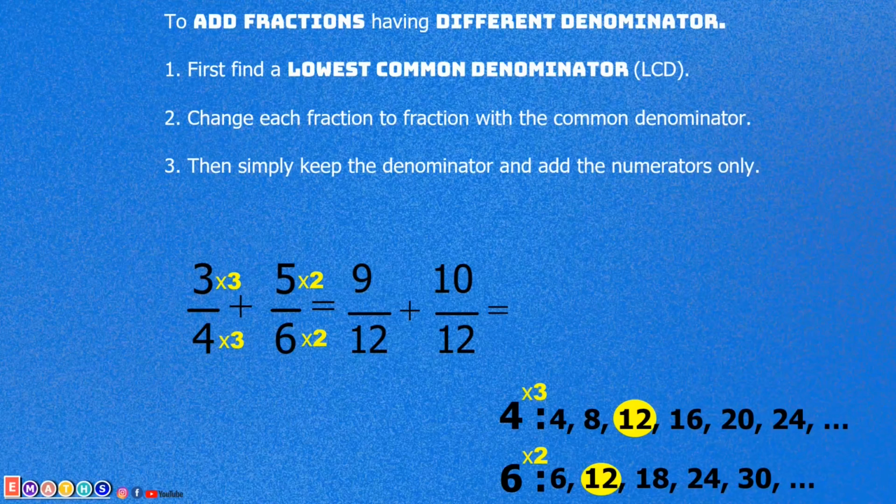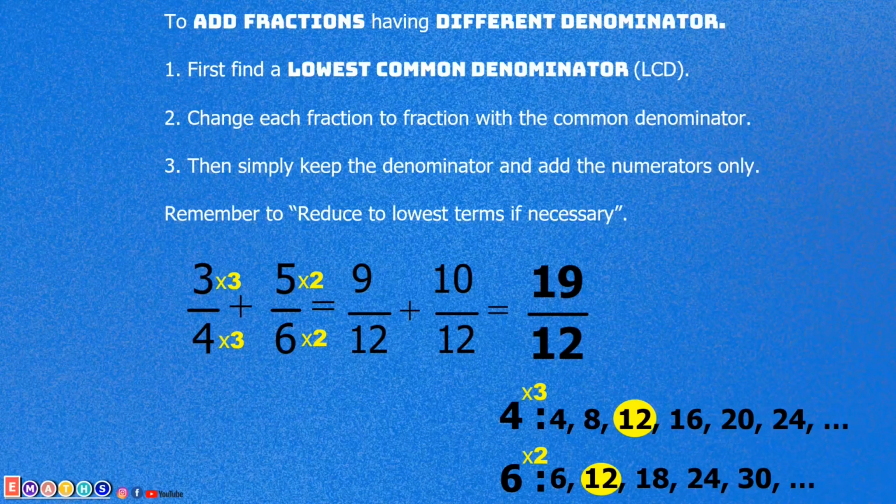We now simply keep the denominators and add the numerators only. Remember to reduce to lowest terms if necessary.